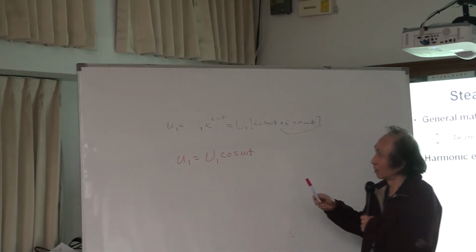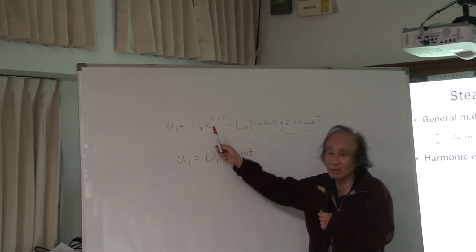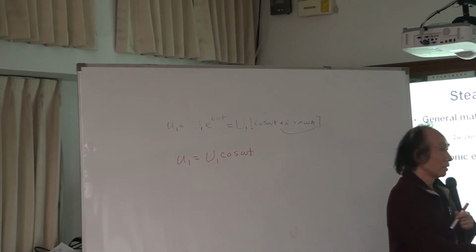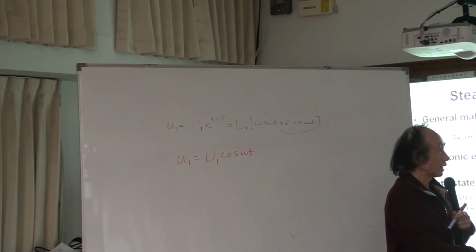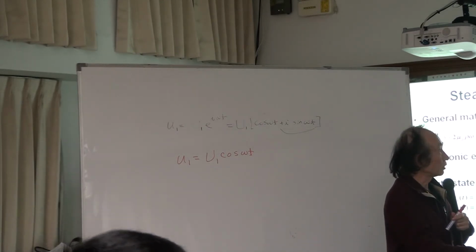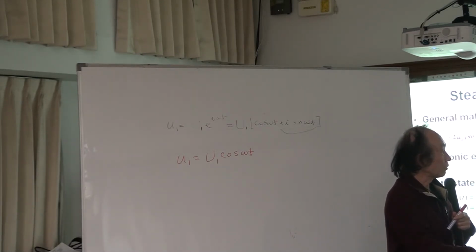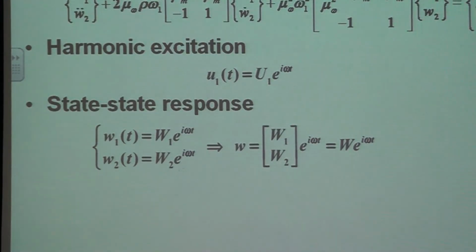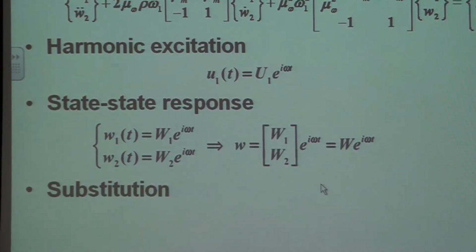This is just for my mathematical convenience because it's easier for me to solve if I say W, with W1, W2, also exponential e^{iωt}. W is W1 e^{iωt}, W2 e^{iωt}, and we write it in vector form like this. If I do this, this is my steady state response.